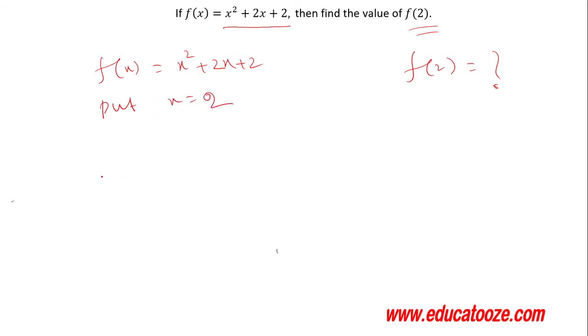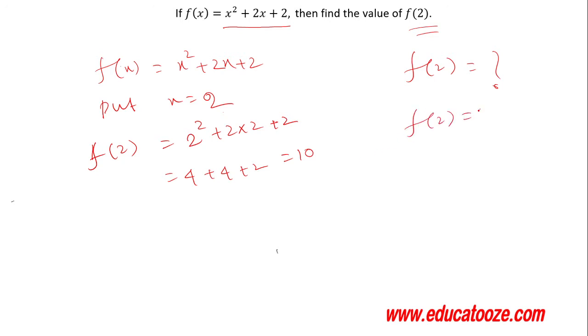X equal to 2. That means what we get? F of 2. Wherever you see x, you put 2. As simple as it is. Like 2 square plus 2 into 2 plus 2. That means 4 plus 4 plus 2, which is nothing but 10. Then what is the value of f of 2? Equal to 10.